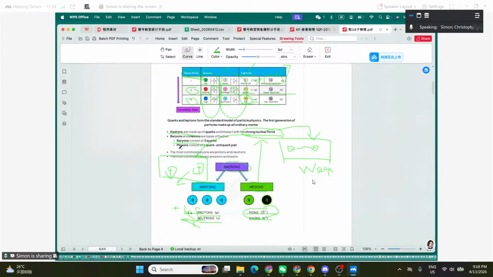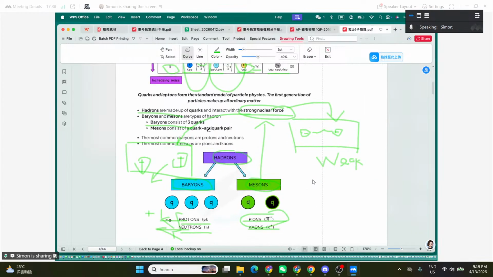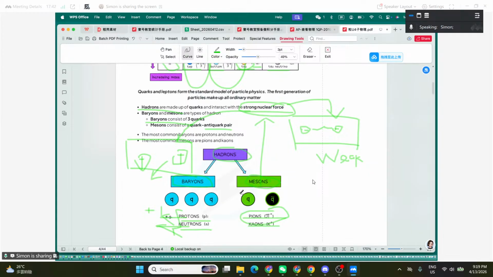And how about the meson? The meson consists of a quark and an antiquark. What is a quark and an antiquark? If the quark Q has a charge of positive 2/3, and this one is Q bar, the Q bar represents the anti-charge quantity.